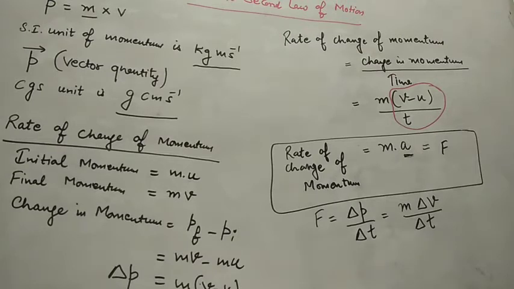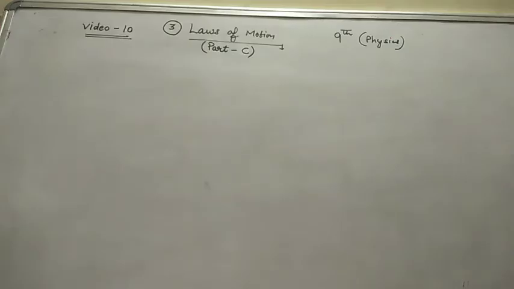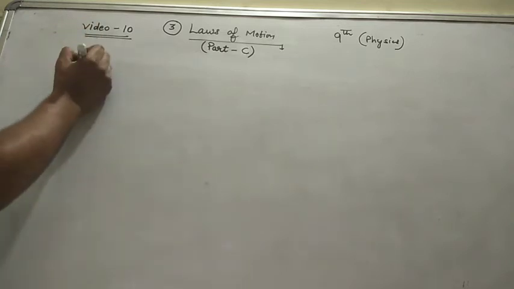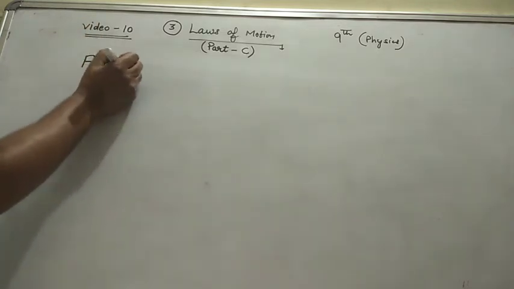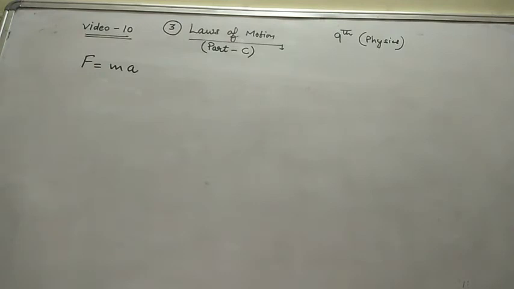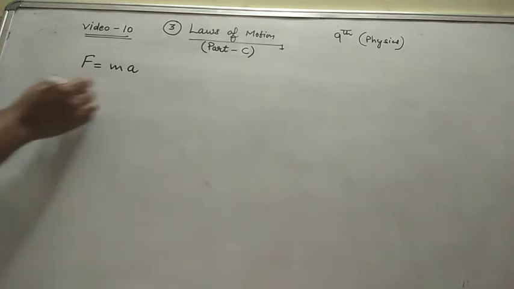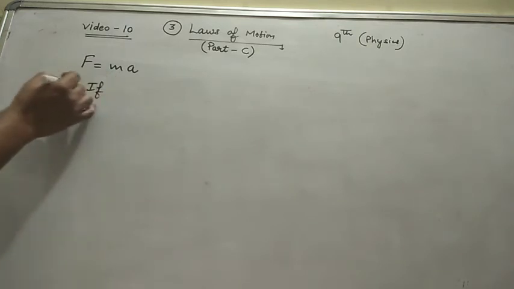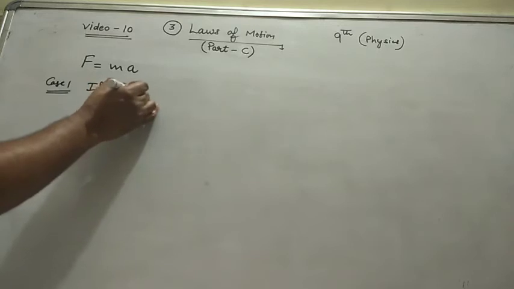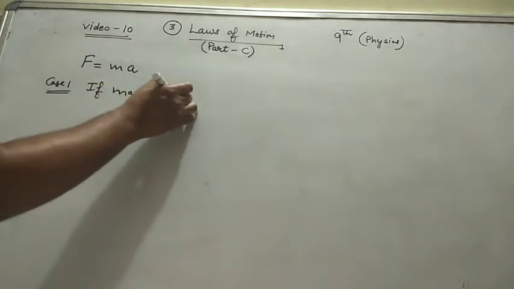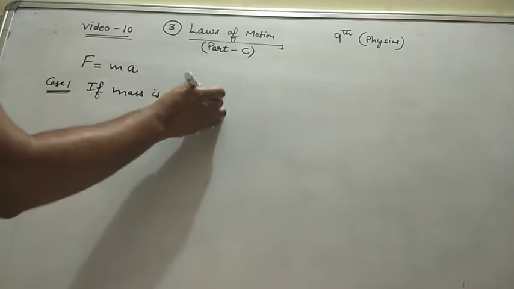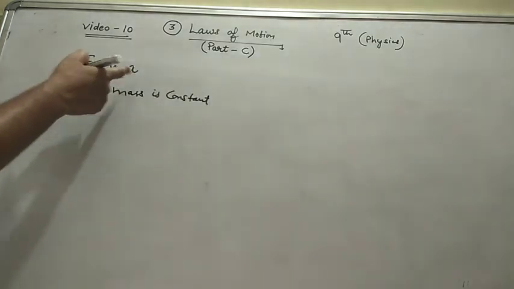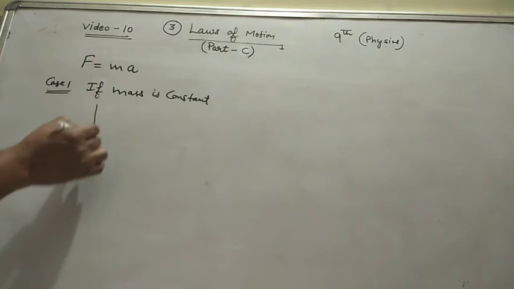So we know that force is equal to mass into acceleration. Now out of this we have a number of cases. In the first case, if mass is constant, then force is directly proportional to acceleration.